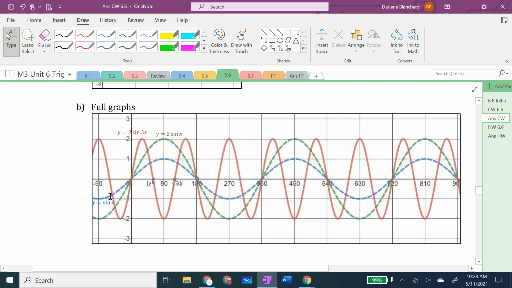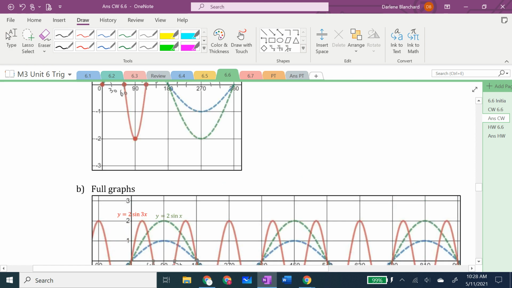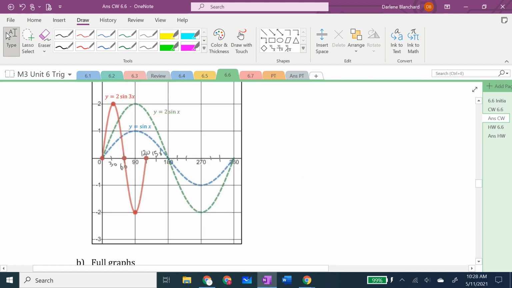I want you to look at the blue parent graph here and see the stretching vertically by 2 to get to the green graph. And then it literally is compressing from both sides toward the y-axis. Can you see that green taller graph being compressed in when you look at this? And you just don't see it as well when you're looking at just one cycle.